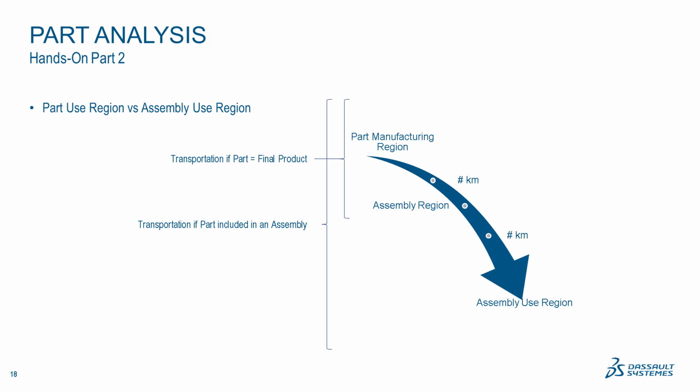And so what would happen is the miles between where the bolt is manufactured and where it's included in the assembly would replace the miles of when that bolt was sold to an end consumer, manufactured in Asia and used in North America. And then the miles from the assembly region to the use region would be added. And those would be the distances considered when calculating the environmental impact associated with transportation.